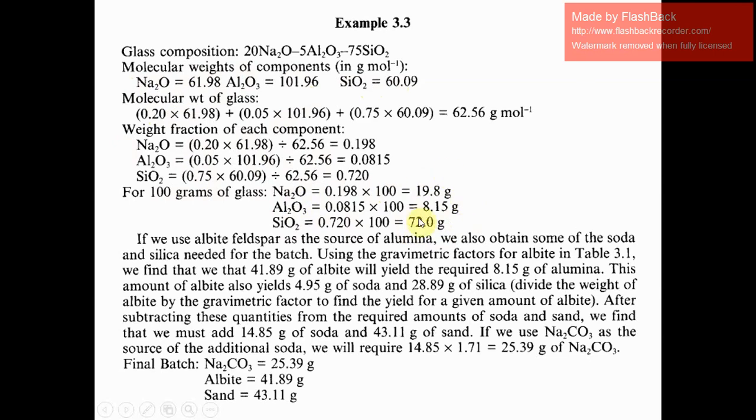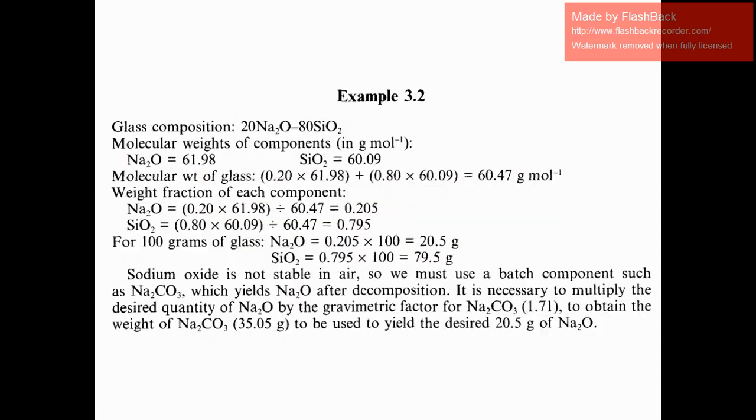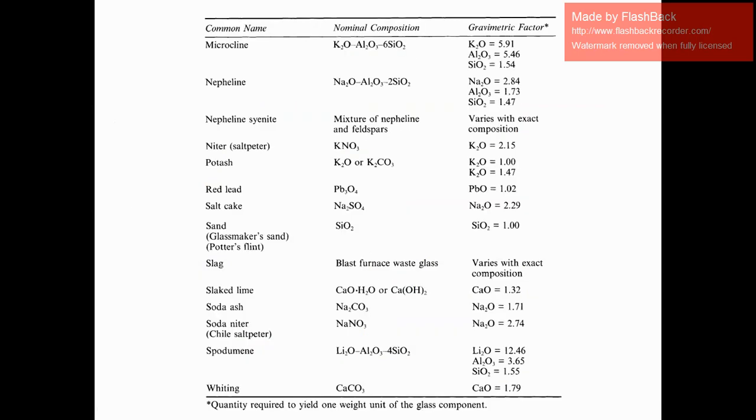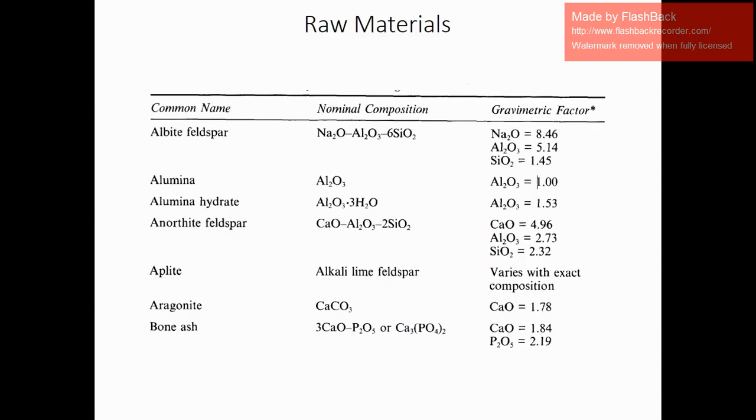This much you have to take. Now if we use Albite feldspar, as in this example, this is the Albite feldspar, that is Na2O·Al2O3·6SiO2, having a different gravimetric factor.